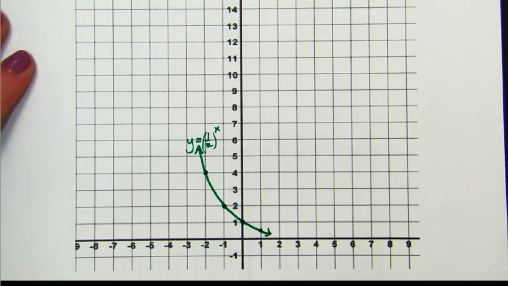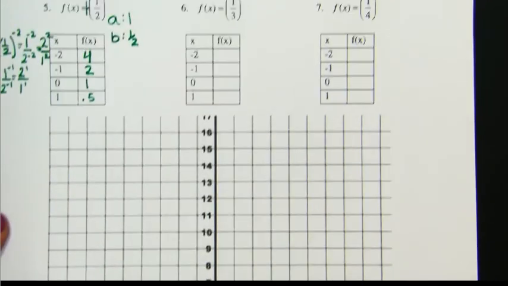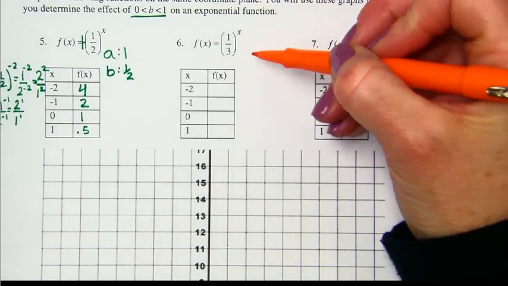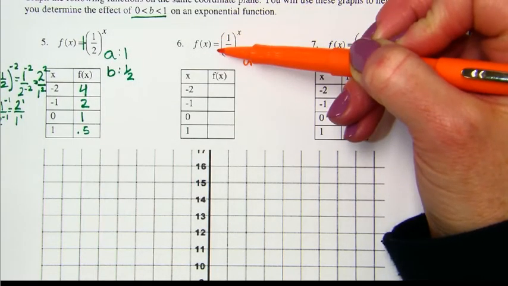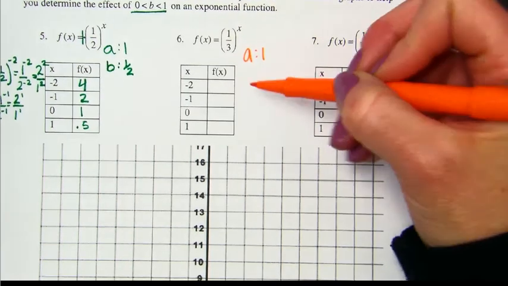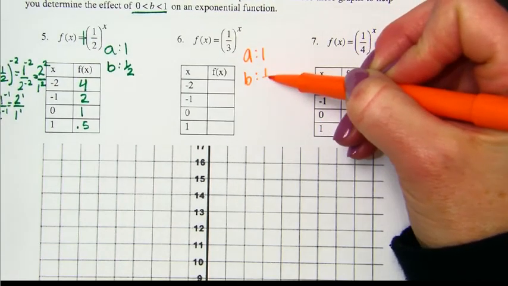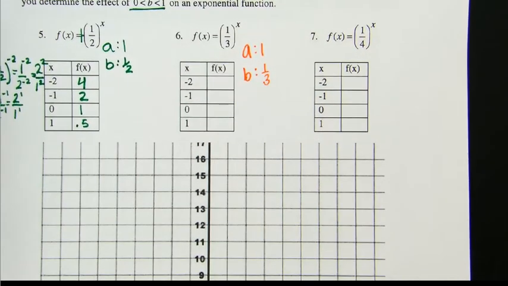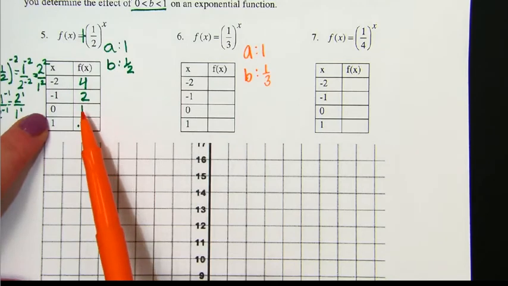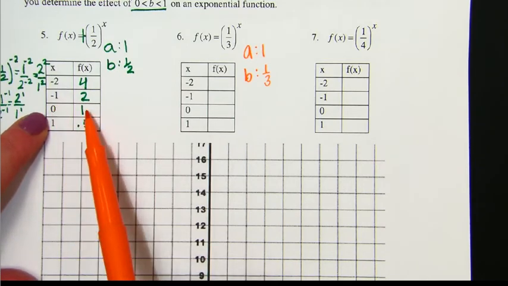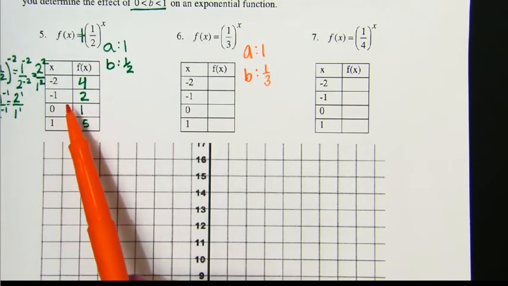All right, so let's do number 6 on the table. My a is still 1 because there's no number out here being multiplied, so a 1 is hiding out there. And my b is 1/3. Now, if we take a look over and see what happened here, on the front side, when our x was 0, our y was 1, because anything to the 0 power is 1, right?